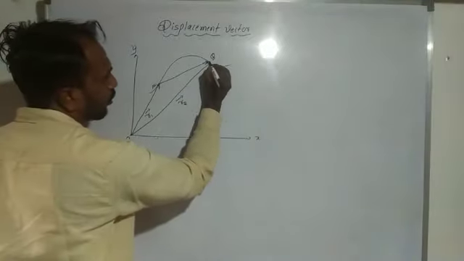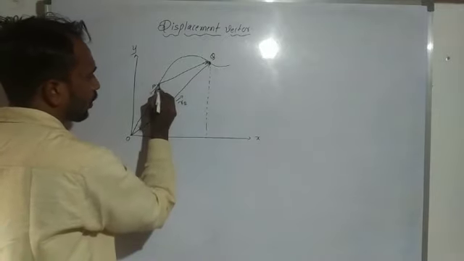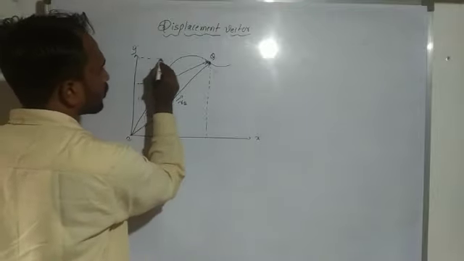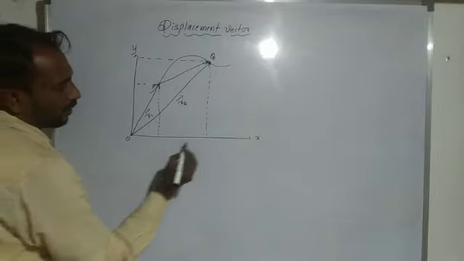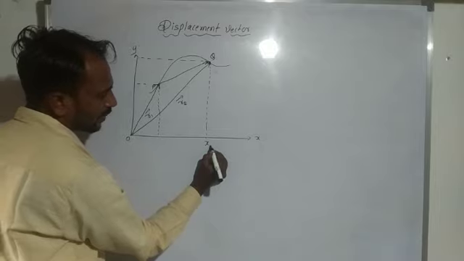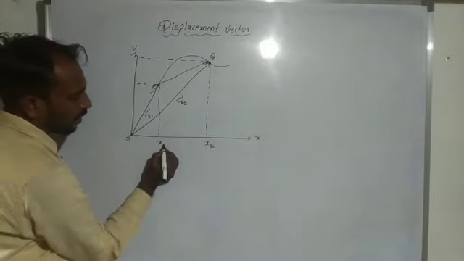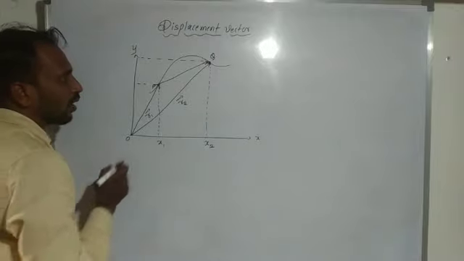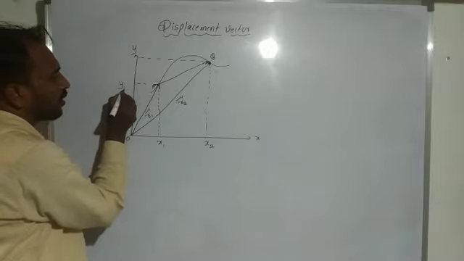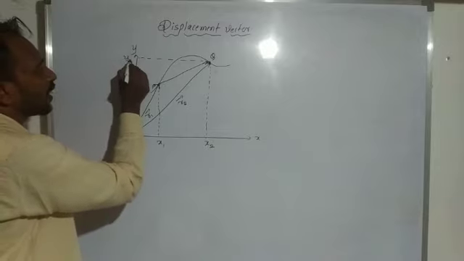The values of position vectors R1 and R2 along the x-axis and y-axis. Okay, so the final position along the x-axis is x2 and the initial position is x1 along the x-axis. The position of particle P along the y-axis is y1 and the position of particle Q along the y-axis is y2.